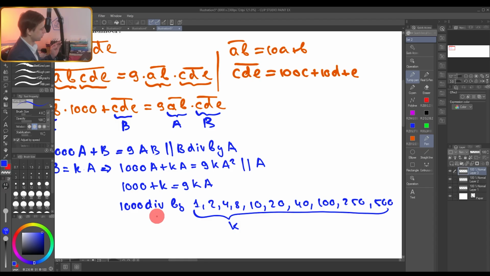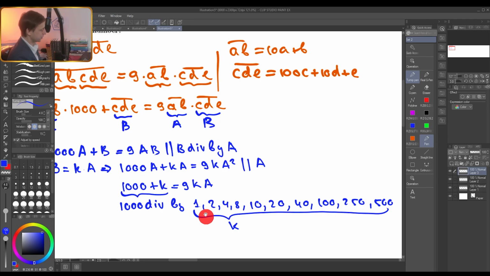And how can we also save our time? We know that 1000 plus K, this number, equals 9 times something. So 1000 plus K is a multiple of 9, and it means this number, when you add K to 1000, is divisible by 9, and therefore the sum of the digits of this number is divisible by 9.